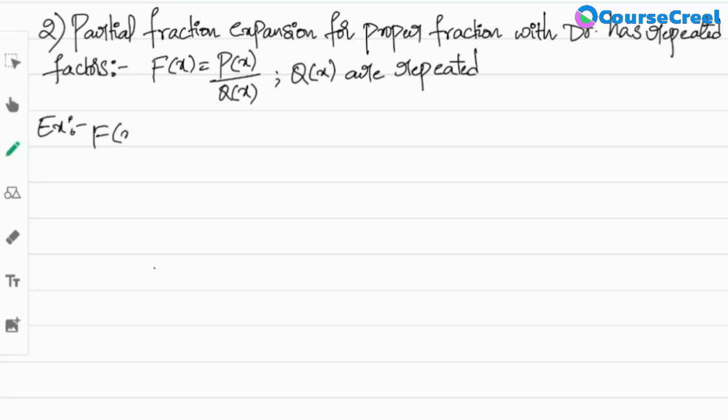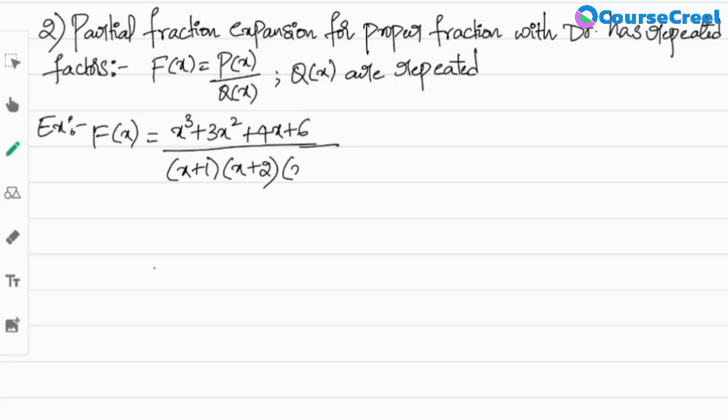F of x is equal to x cube plus 3x square plus 4x plus 6 by x plus 1 into x plus 2 into x plus 3 whole square. Here x plus 3 is repeated 2 times.